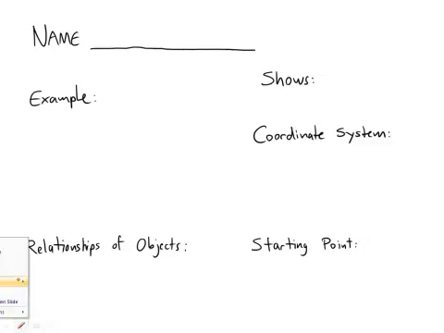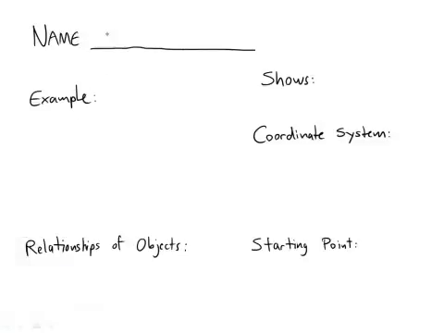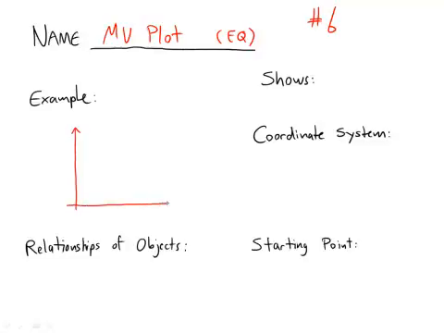So, going through our specifics, our name, of course, is the multivariable plot, or simplified visual equation. This is picture type number 6, and let's just come up with a little example. Let's say that we wanted to map out something about our business.